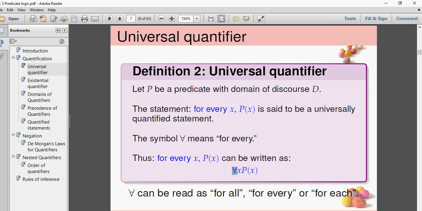Universal can be read as for all, for every, for each. All three of them are correct. If I say for all, for every, or for each, that means any x in the domain can get P(x). It's correct.